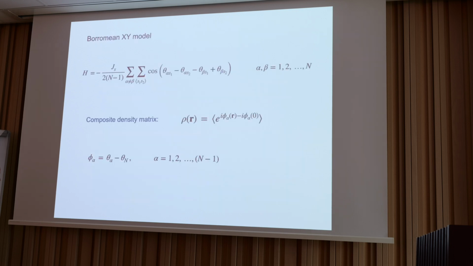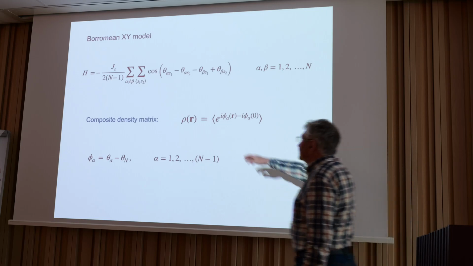And the principle is very simple. So we know the XY model, which is a prototypical model for superfluids. So that's how we can generalize the standard XY model to the Borromean XY. So now we have this expression.